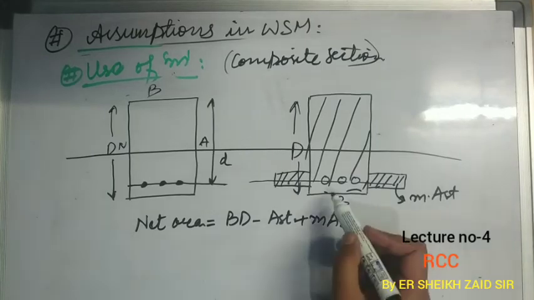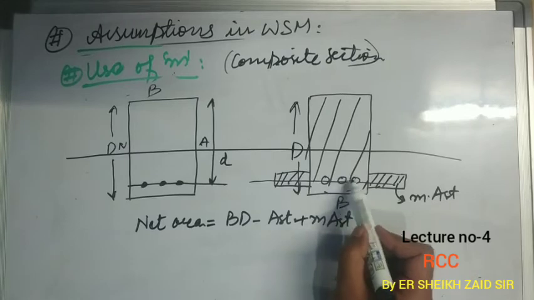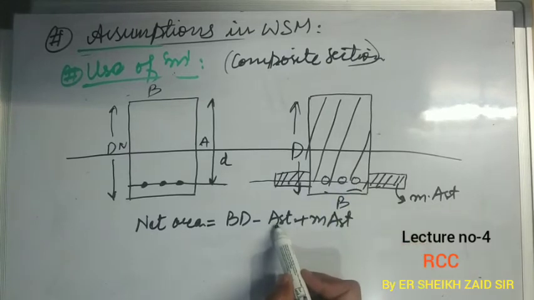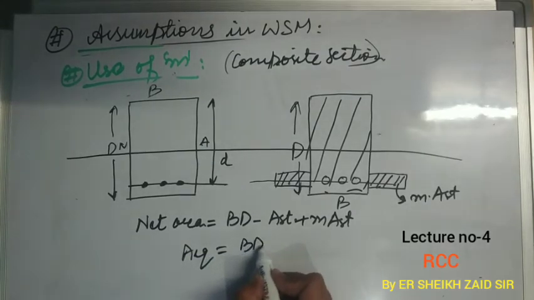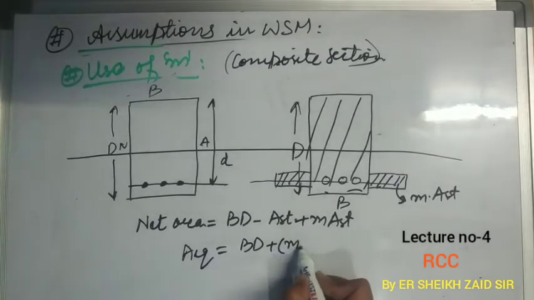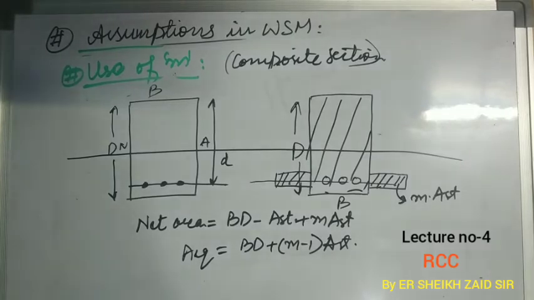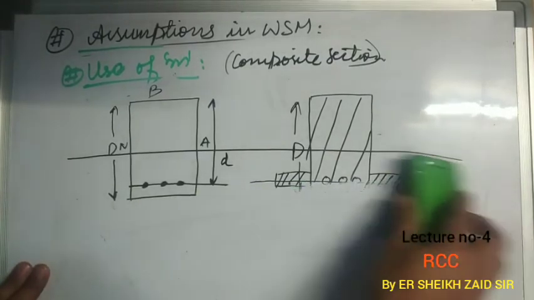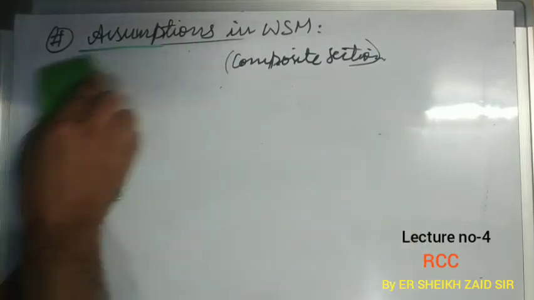This minus AST is basically the concrete which will come in this zone of AST. That's why we are subtracting AST here. So the equivalent area will be BD plus M minus 1 AST. Simply. So this was the use of modular ratio, how we can use this modular ratio in cracked as well as uncracked section analysis.